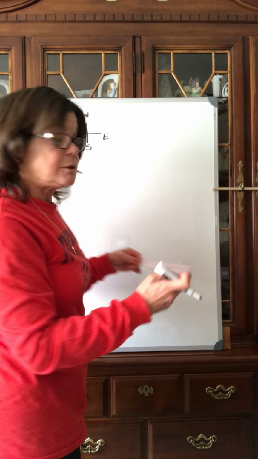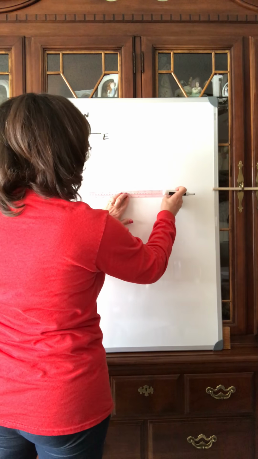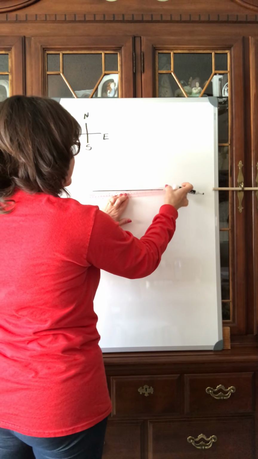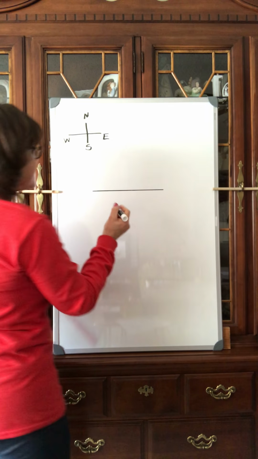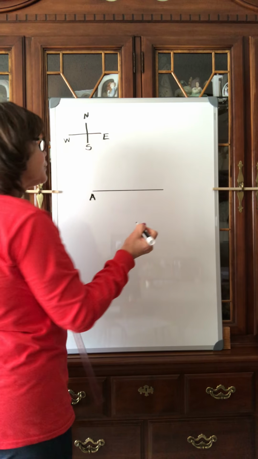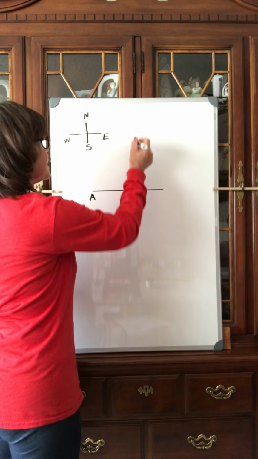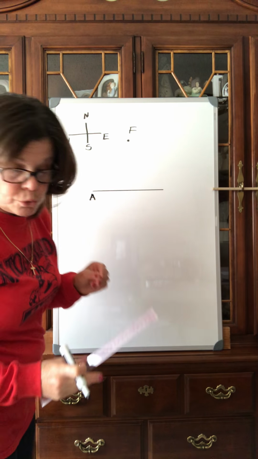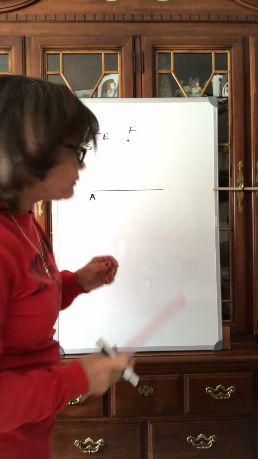I'm going to try my best to do a good drawing. So you have this forest ranger on a straight road, and we're going to say this is our forest ranger A, who sights a fire. Let's say that this point up here, we'll call this F, is our fire, and it's 32 degrees east of north.